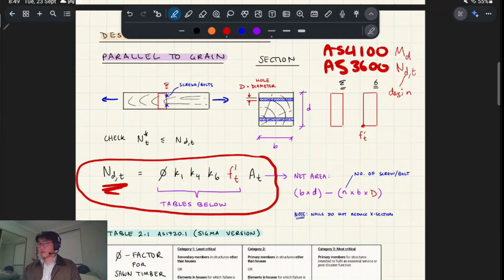And in the context of this course, the design strength is basically where you've factored everything. So these are your K factors and your capacity reduction factor, and you've just multiplied that on to the strength and the area.